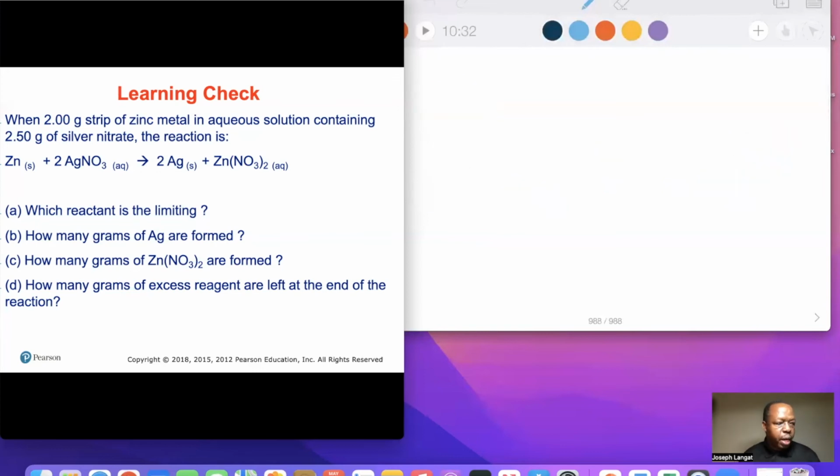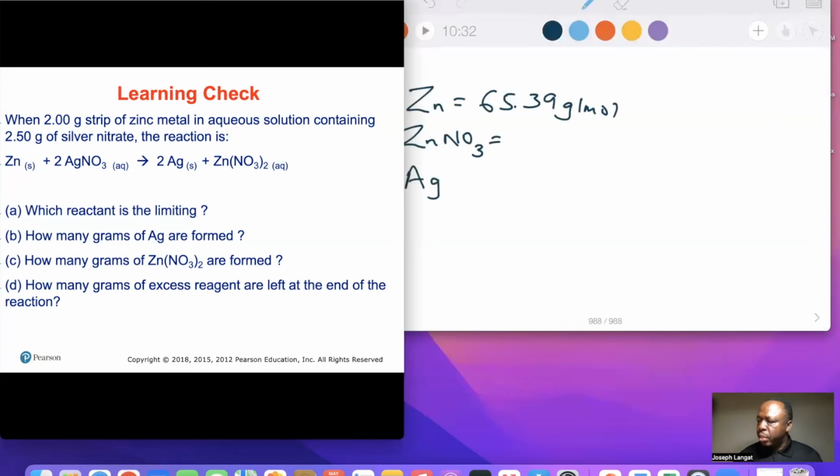So if I have zinc, the atomic mass for zinc is 65.39 grams per mole. We need to know that from the periodic table. Zinc nitrate, can I find that?